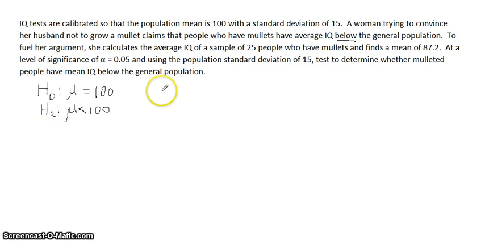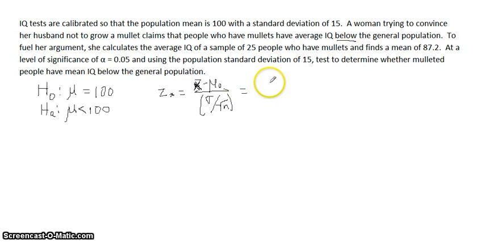Now, you know that the formula for the z-test statistic is x bar minus mu naught over sigma over the square root of n. I realize that looks like an alpha, but that's x with a bar on top.